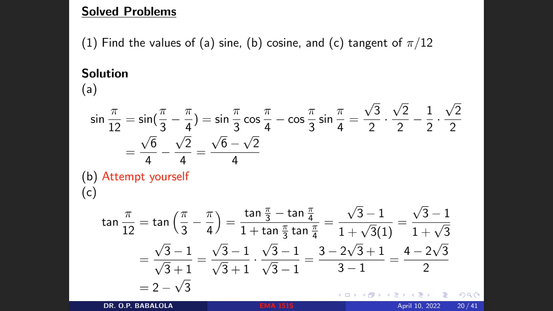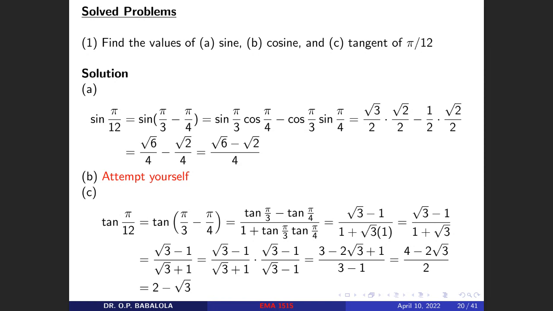Let's solve some problems with our formulas. We want to find the values of sine, cosine, and tan of pi over 12. The first thing is, how do we represent pi over 12?